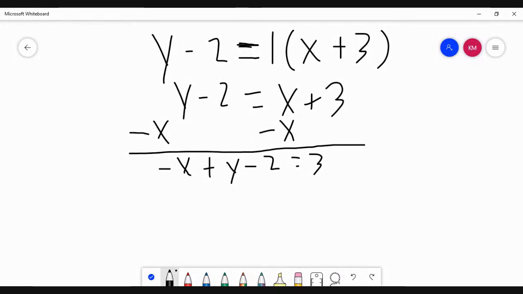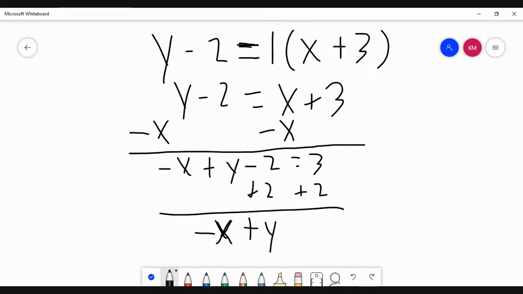Once I have moved my x, then I can move my 2. So plus 2 on both sides, and my negative x plus y equals 5. That is my standard form.